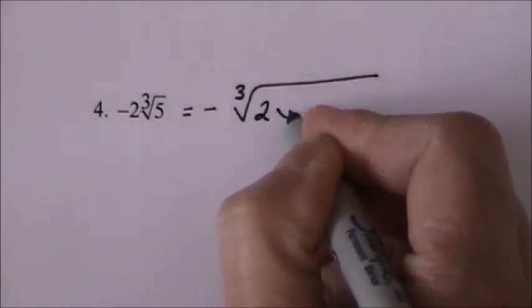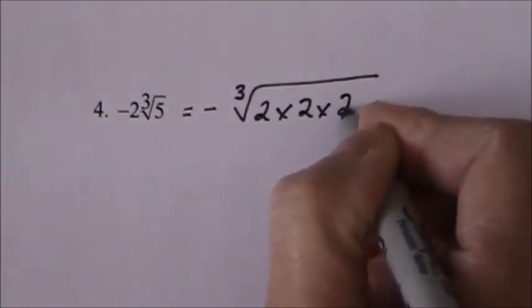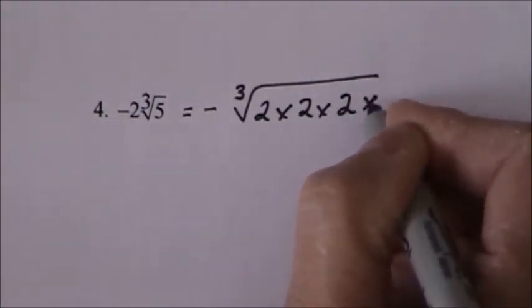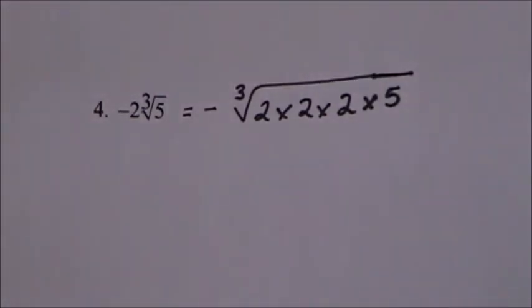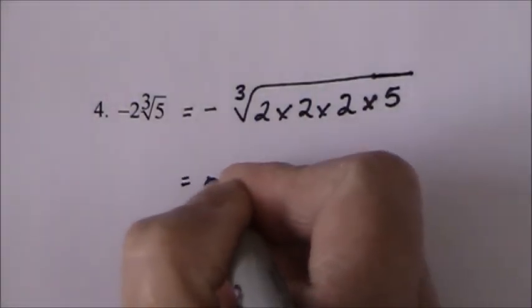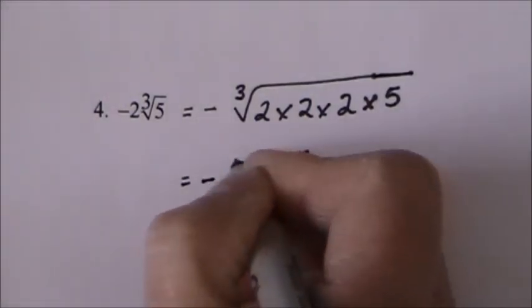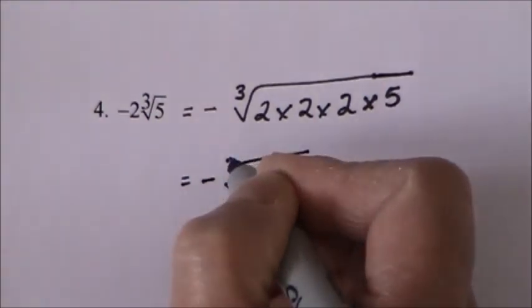So we go 2 times 2 times 2, and then multiply it by the radicand that was already there, so multiply it by 5 and extend the radical sign if necessary. When we multiply these all together, we find that we have a final answer of negative cube root of 40.